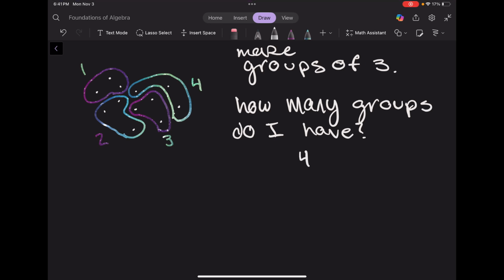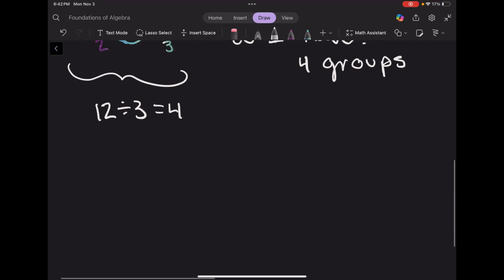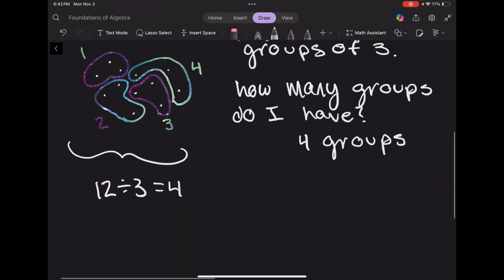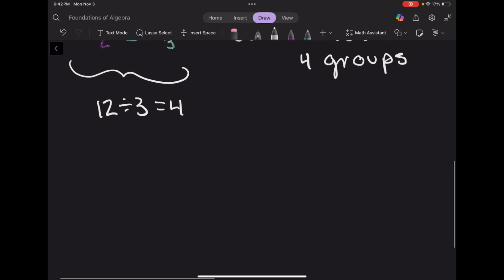So I have 4 groups. This is the same thing as 12 divided by 3 equals 4. So division is also counting how many groups can fit.